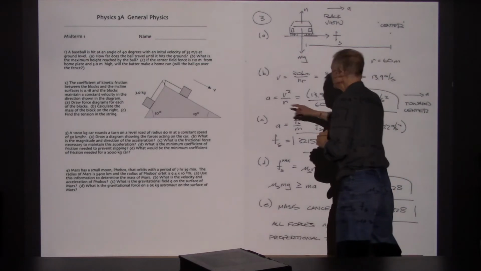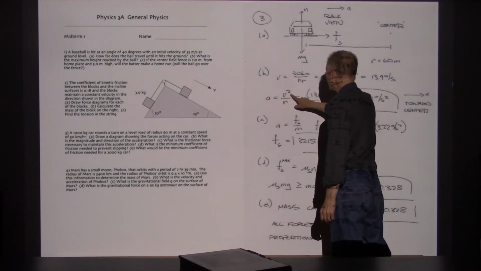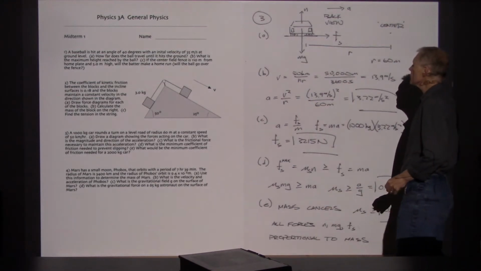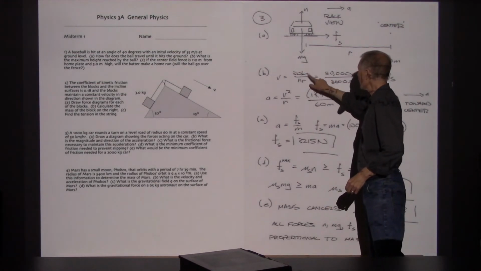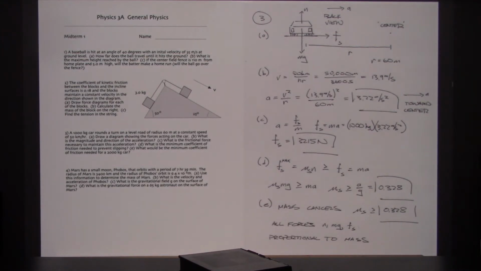And then to calculate the acceleration, I am probably going to be using the formula v squared over r. So v was given in kilometers per hour. Those are not standard units. I got to get that switched into meters per second.